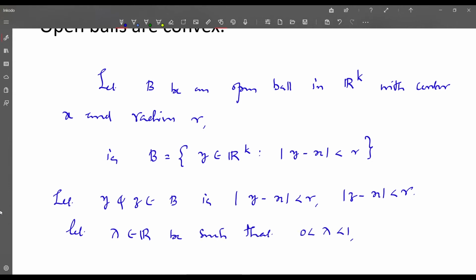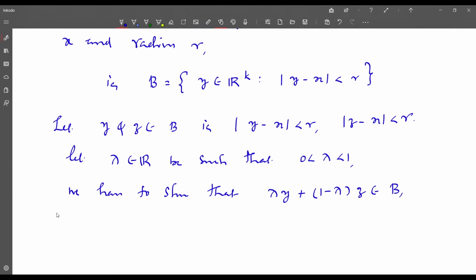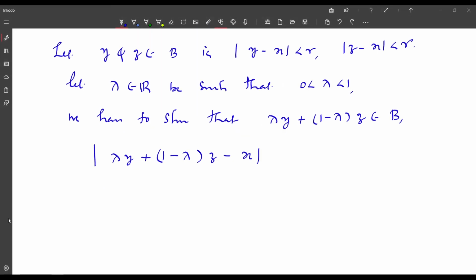Then we have to show that λy + (1 − λ)z belongs to B, the open ball. Now consider |λy + (1 − λ)z − x|. This is equal to |λy + (1 − λ)z − x + λx − λx|, which equals |λy − λx + (1 − λ)z − (1 − λ)x|, which is equal to |λ(y − x) + (1 − λ)(z − x)|.